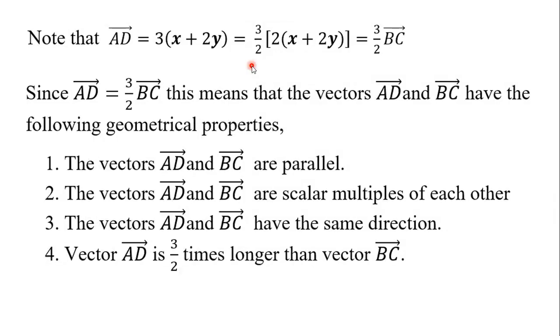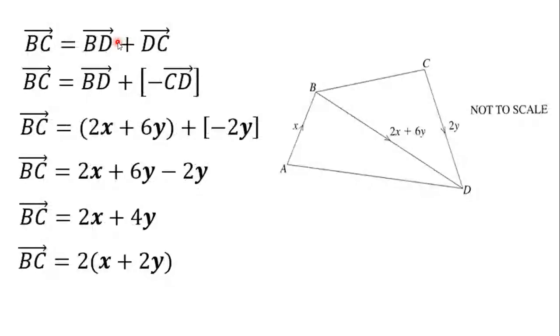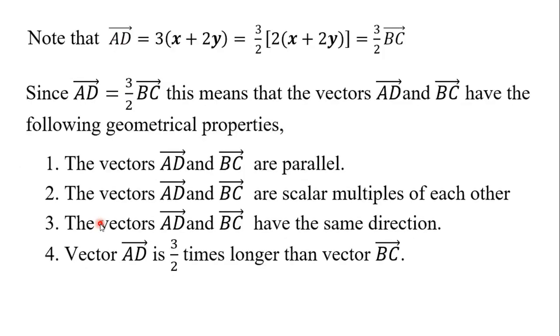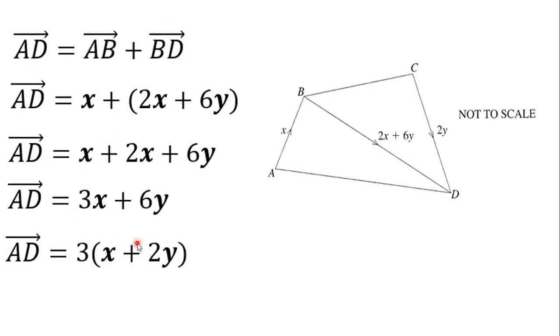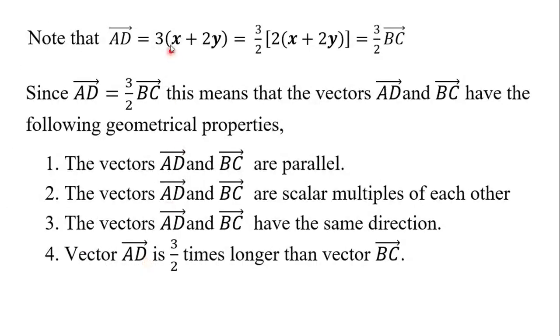So let us continue. What did we see that AD is equal to? Remember that AD, based on what we saw earlier, is 3 times x plus 2y. That's what AD is, 3 times x plus 2y. And so that's what we have here.